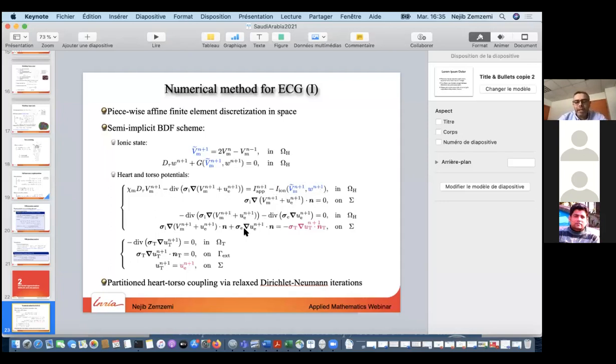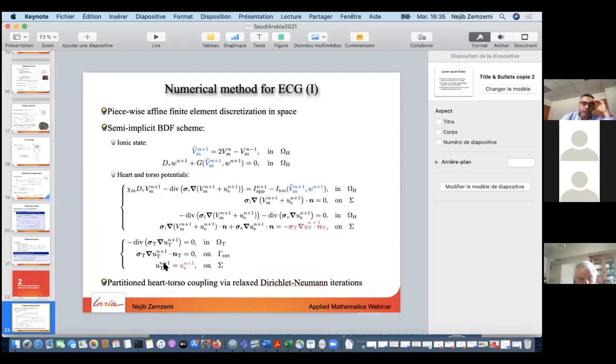Now, between the heart and the torso, you have two linear problems here, but they are coupled with the coupling condition, which are the Neumann boundary condition for the heart and the Dirichlet boundary condition for the torso. You can use a partitioned heart-torso coupling with the Neumann-Dirichlet iteration.